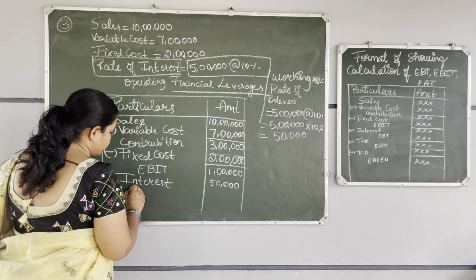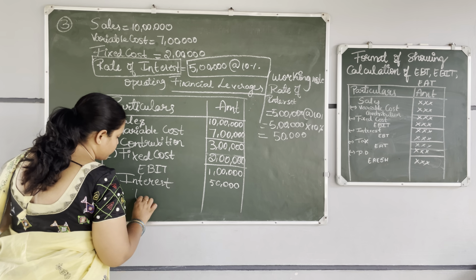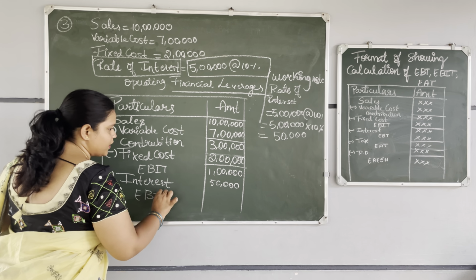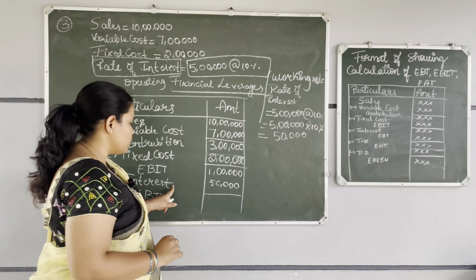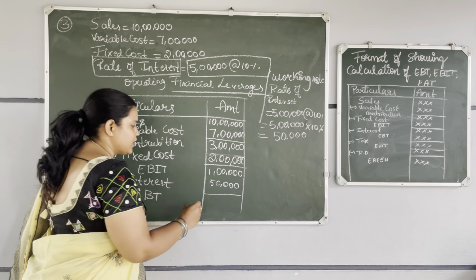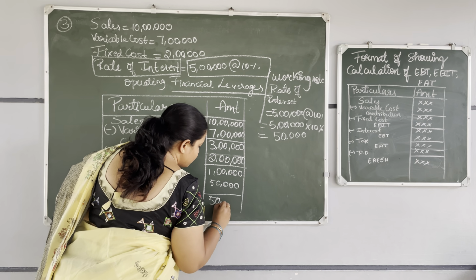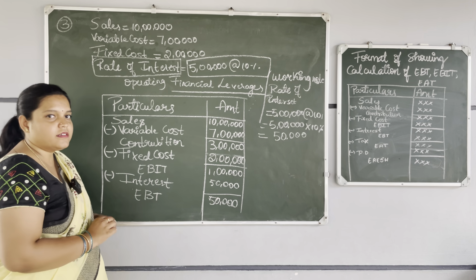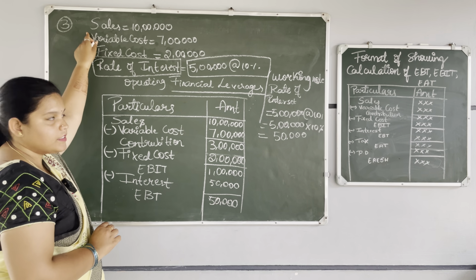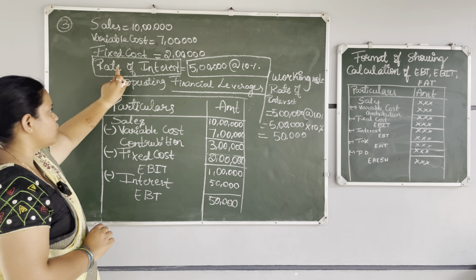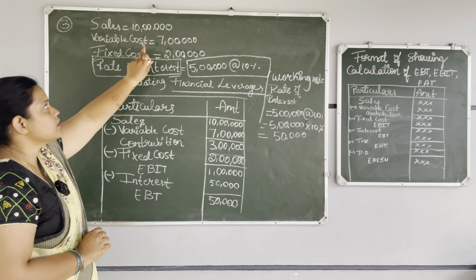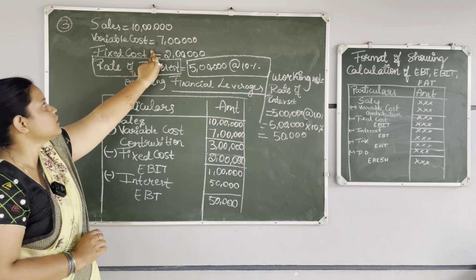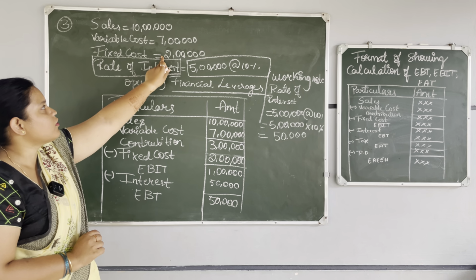After deducting interest from EBIT, we will get EBT. How much? EBIT minus interest, we are getting 50,000. So once again, I will explain. First they have given sales, variable cost, fixed cost, and rate of interest. Sales 10 lakh, variable cost 7 lakh, and fixed cost 2 lakh.